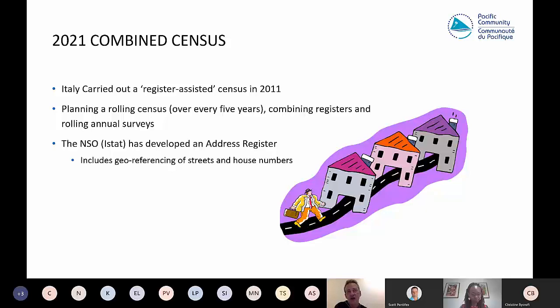And as with Germany and Spain, the NSO has developed a statistical address register. And again, this includes geo-referencing of streets and dwellings and house numbers, etc. So I think there's a key feature there about the importance of address registers that's come out in previous presentations.